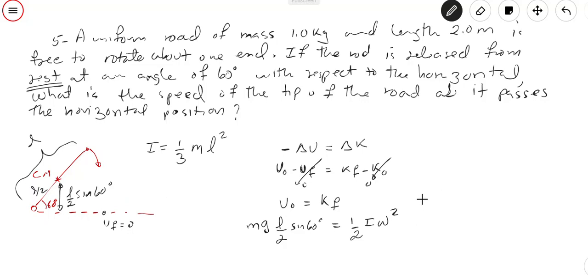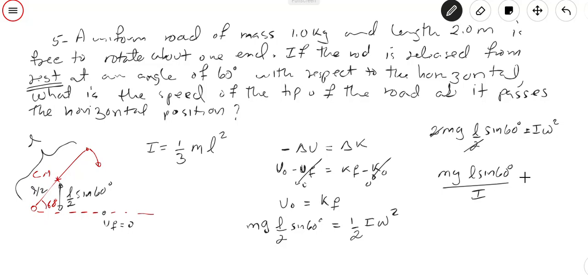So if I solve for the angular velocity, I have that 2 times mass gravity L over 2 sine of 60 degrees equals I times W squared. You simplify the factor 2, so you get mass gravity L sine of 60 degrees divided by the moment of inertia equals W squared. Now we know that the moment of inertia is 1/3 of the mass times the length squared.